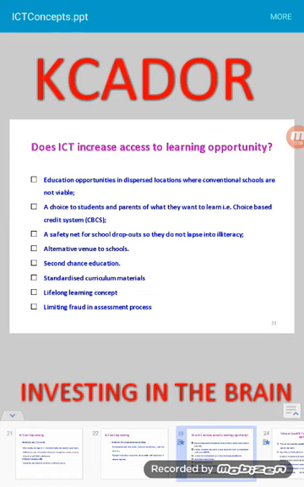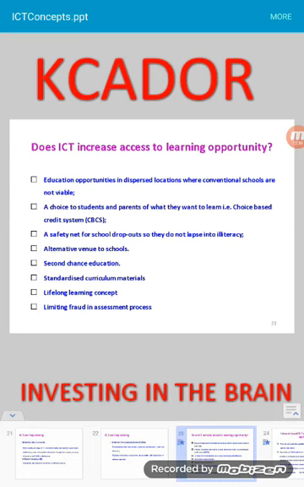A safety net for school dropouts so that they do not lapse into illiteracy. When those who are away for one reason or another, or somebody is sick, they can always read. Alternative venue to schools, maybe some areas are insecure, so you can study from anywhere, anytime.